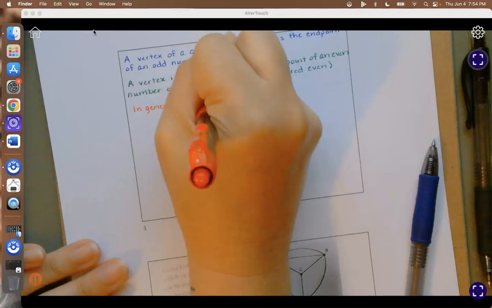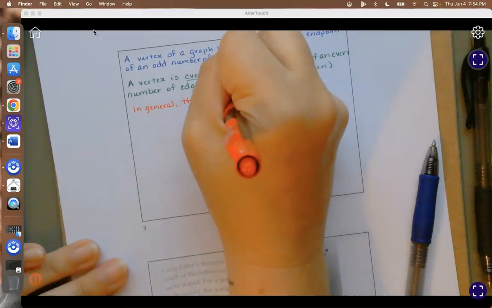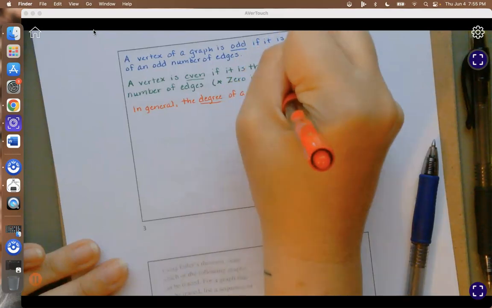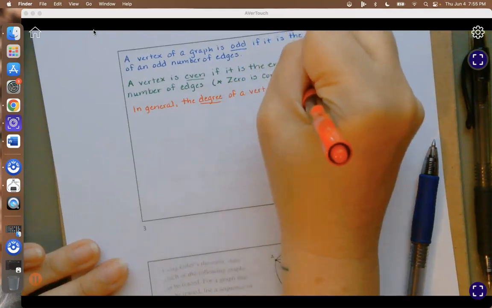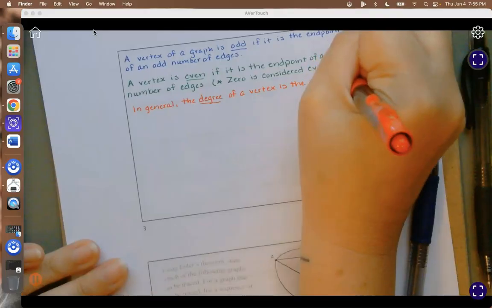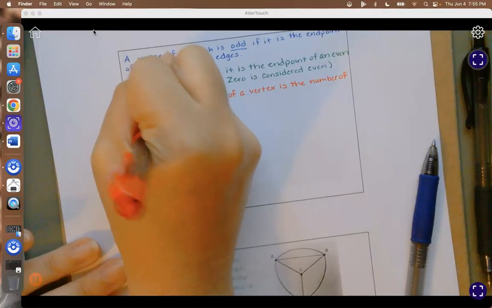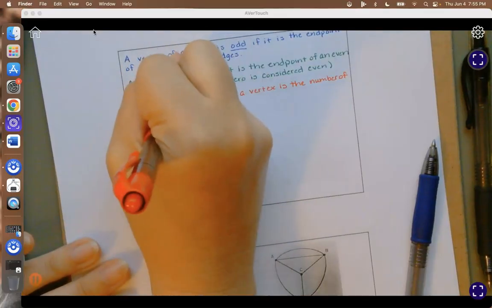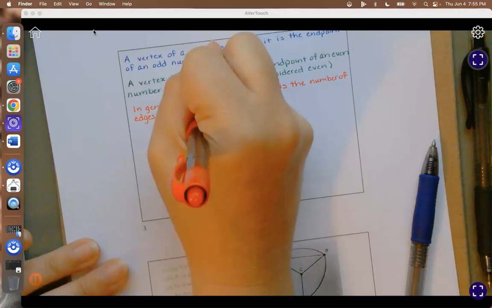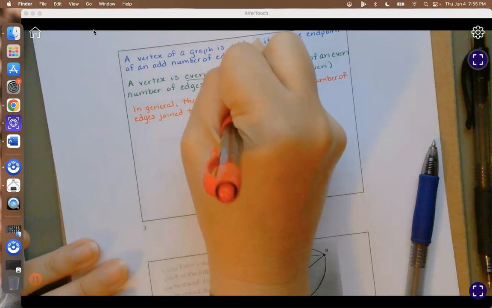A graph can be traced if it is connected, okay, and has 0 or 2 odd vertices. So if they ask you, can you trace it?